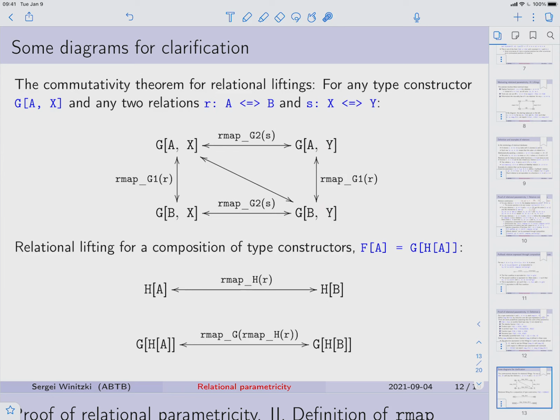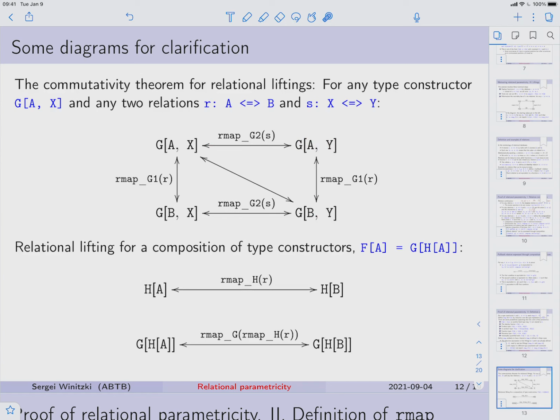And also you can lift the S relation with respect to the second type parameter of G, and that will give you a relation between G A X, G A Y, and also a relation between G B X, G B Y. And finally, you perform composition of these relations, because you can compose G A X to G A Y with G A Y to G B Y. So they have a common type, which is G A Y. You can compose them, and you get a relation between G A X and G B Y.